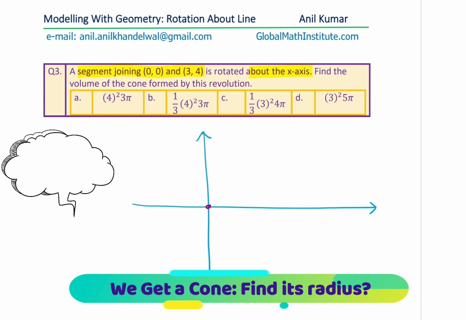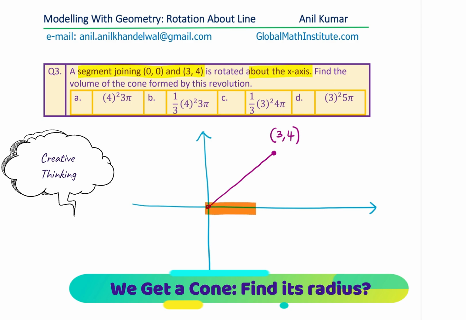So let's first join the segment. Let's say this is a point which is 3 and 4. Okay, so let's connect these 2 points. So here we have a point which is 3, 4. We are rotating about the x-axis.